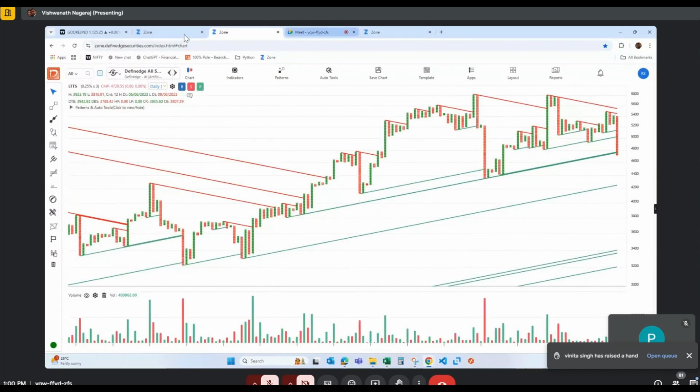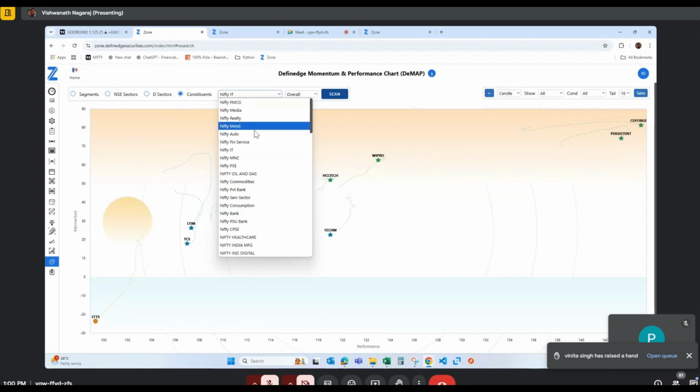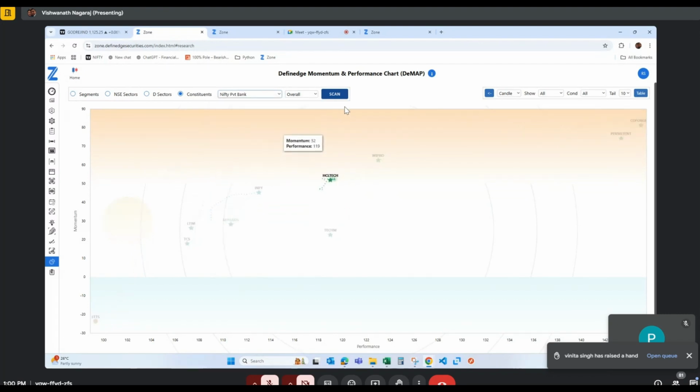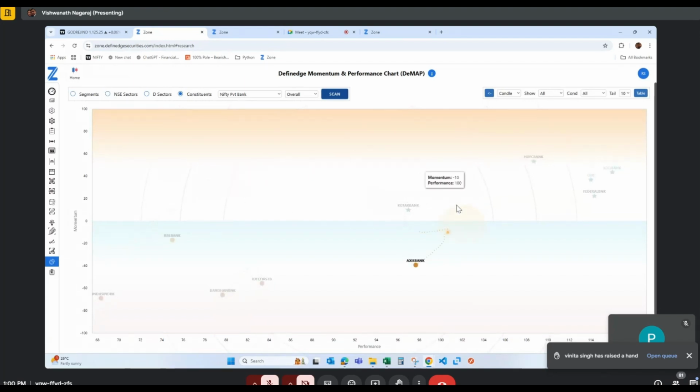Then again, similar activity. Next is, let's say, consumer durables or banks. In that, banks also, private banks. I will scan it. Private banks, the sector is now neutral to bearish. And let's say I have HDFC, Federal Bank, and Axis Bank. HDFC is green star, no problem. Federal is blue star, still no problem. I can hold it.